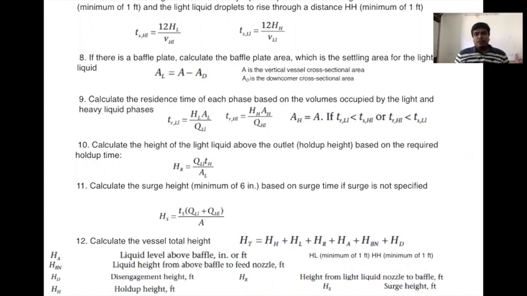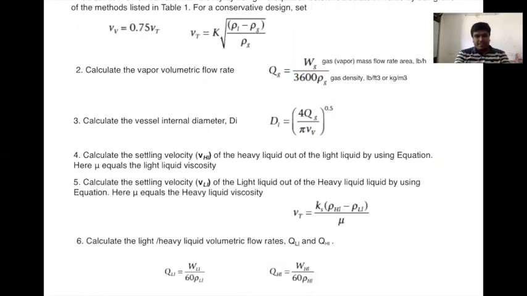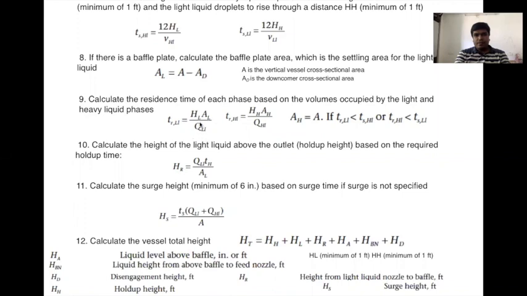The residence time for the lighter liquid is given by this equation, where TRLI, the residence time for lighter liquid, is HL into AL divided by QLI. QLI we have just calculated in step number 6, so we can bring it from there, and AL we have calculated in step number 8.